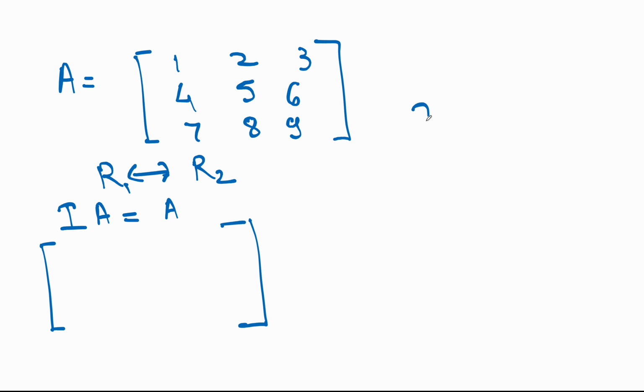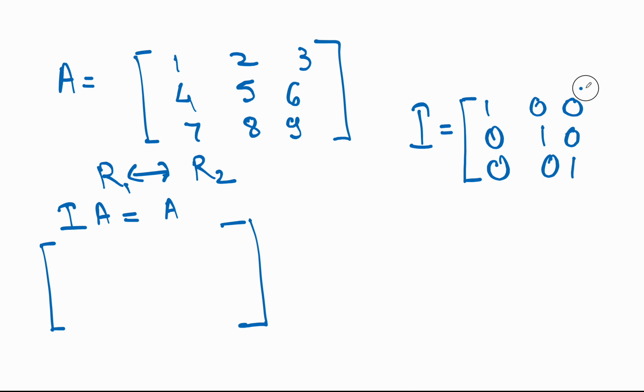The identity matrix is nothing but 1 0 0, 0 1 0, 0 0 1. What we will do is interchange the first two rows of this identity matrix this way, and keep the third row as it is.